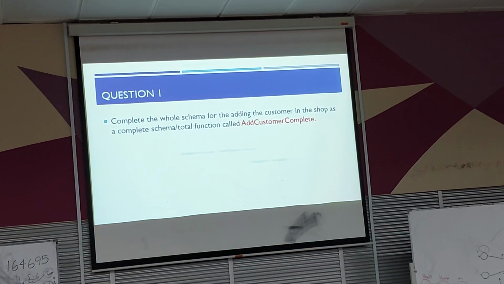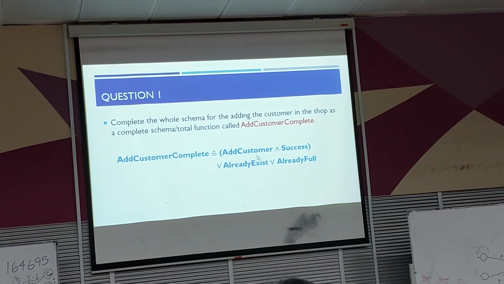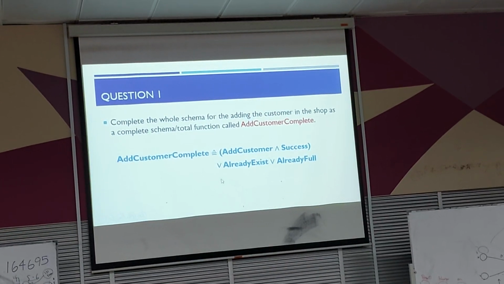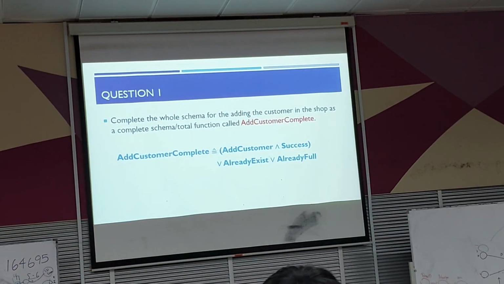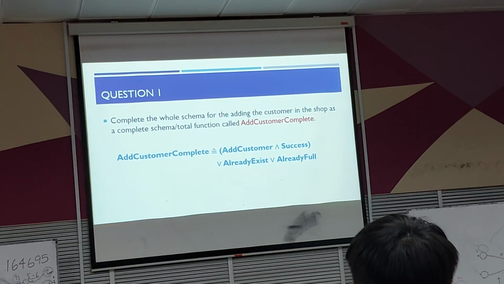If you want to do add customer complete, then you just do add customer conjunction with success just now, disjunction with already exists, disjunction with already full. Because you do it individually.